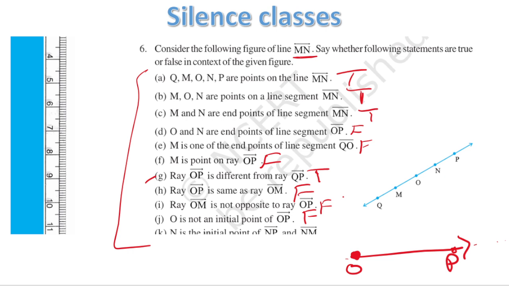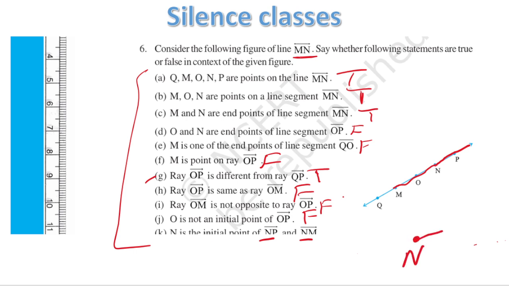Now the last question. It says N is the initial point of NP. We are talking about N and P, and N and M. Let's say we marked N as a common point.